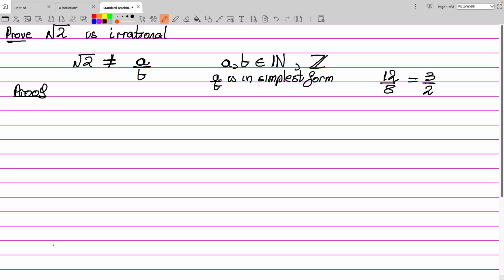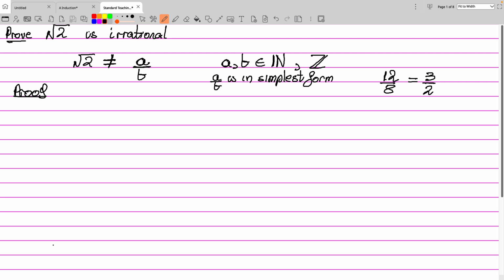We're going to employ a proof by contradiction. Now, this only works in one simple situation. The lights in this room are either on or they're off. Something is either irrational or it's rational. It is or it isn't.